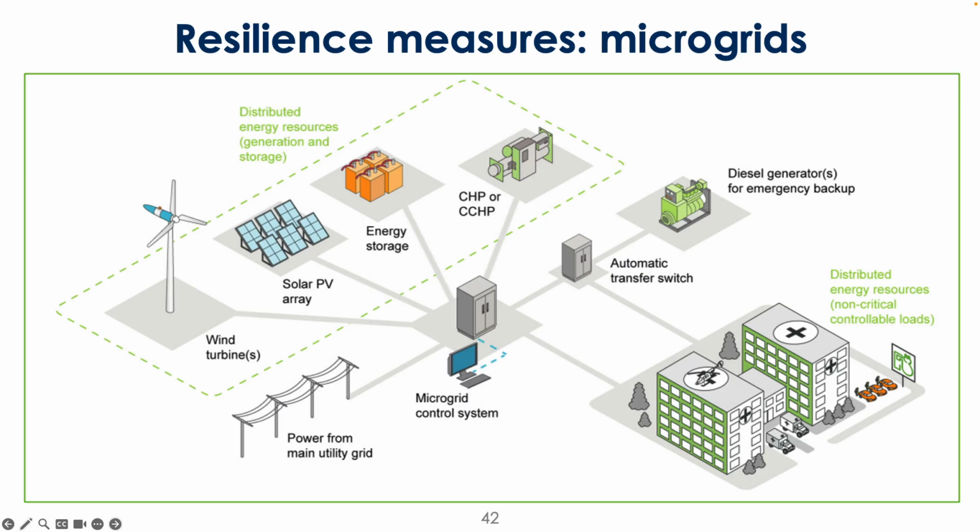In critical places, like a hospital, maybe it has its own generator, or maybe it's connected independently to a small microgrid system. These are ways that you can be resilient to extreme weather events or other extreme events that I was mentioning.